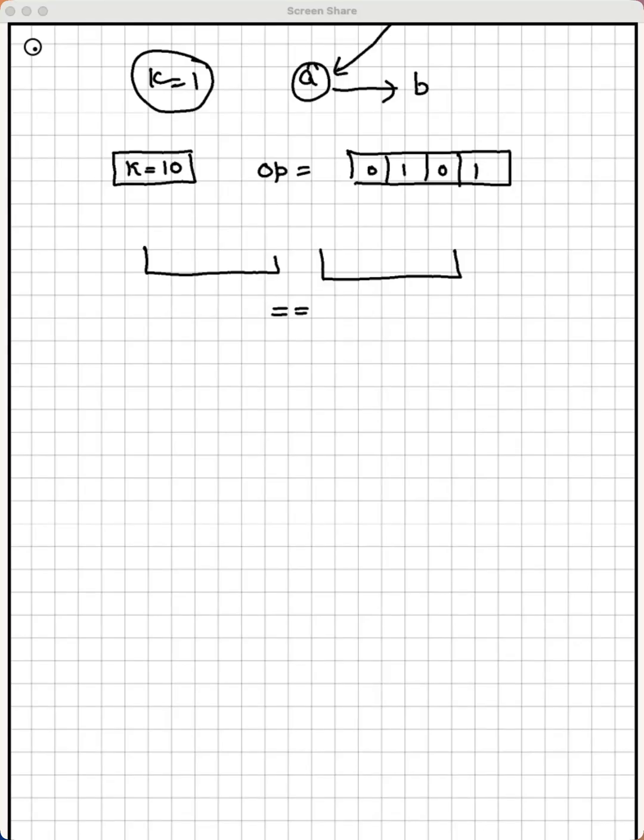So what is the size going to be? Let's figure that out. Now 10, if I write it in binary, let's say 0, 1, 2, 4, 8, can be written as 1, 0, 1, 0. What is the length of this? The length is 4.